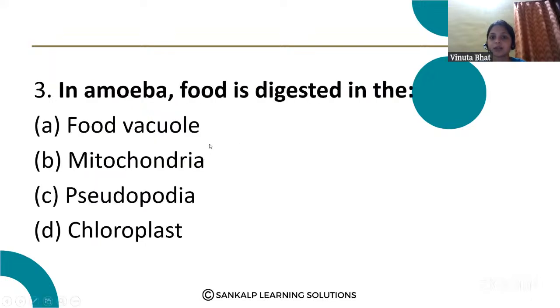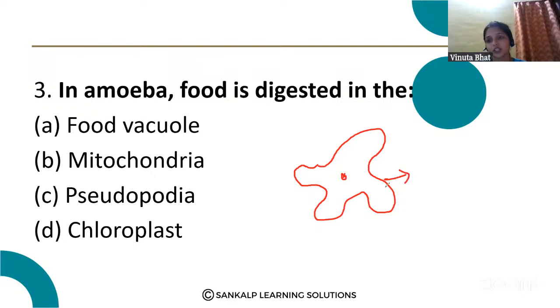Next question. In amoeba, food is digested in the food vacuole, mitochondria, pseudopodia, chloroplast. The amoeba has an irregular shape. The locomotor structure in the amoeba is called a pseudopodia, and chloroplast is present in plants only, so that is also a wrong answer.